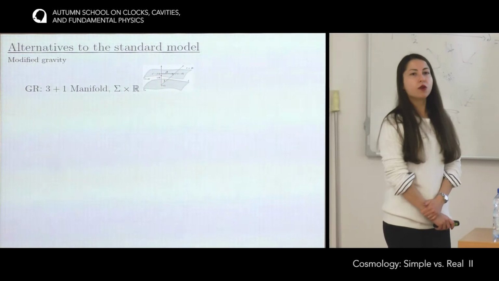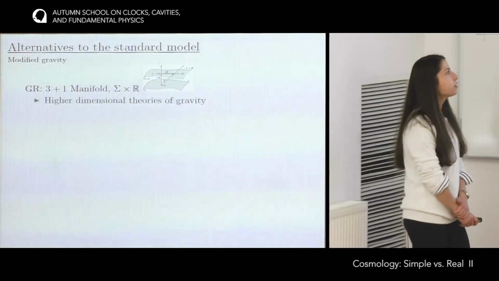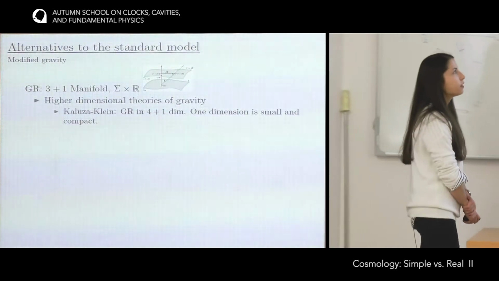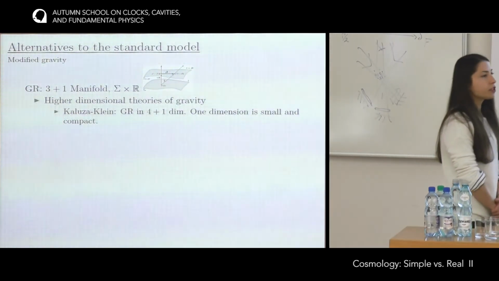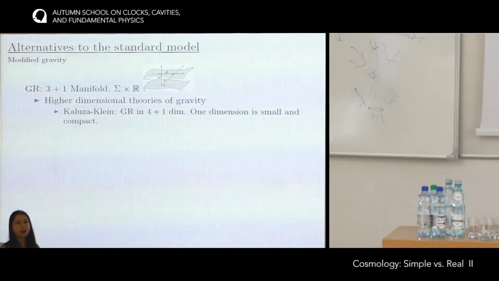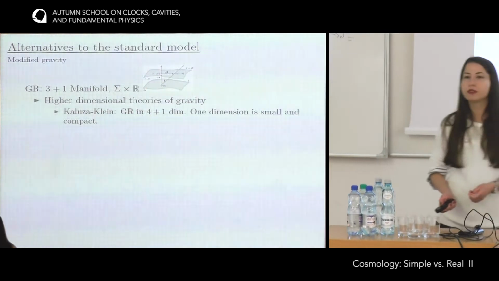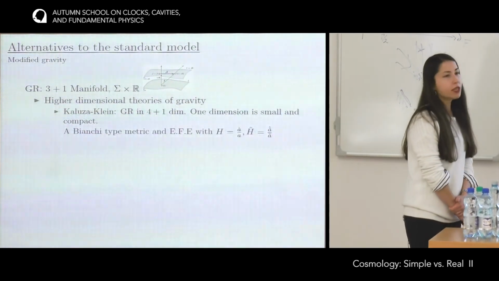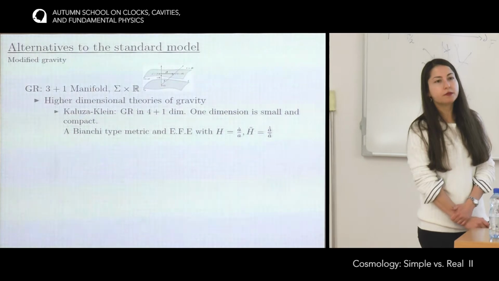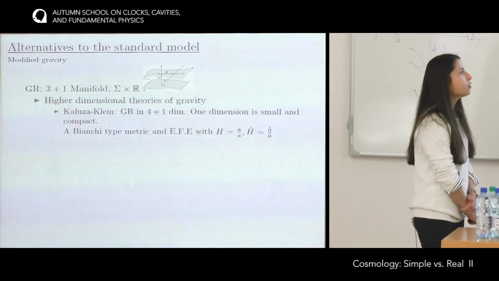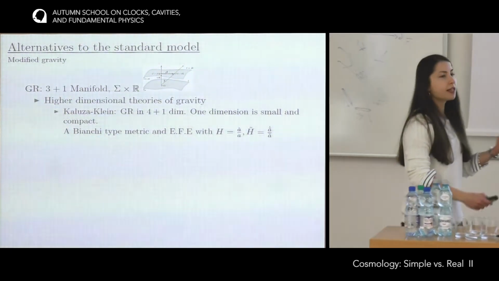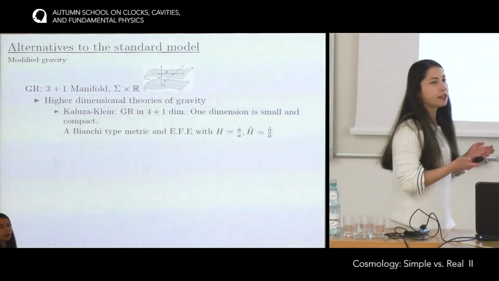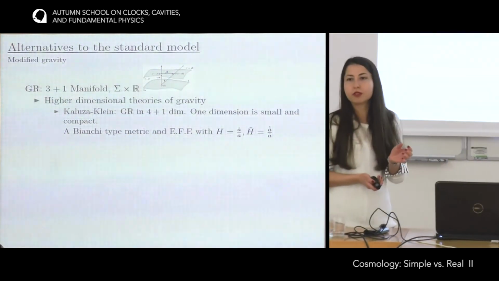And if you want to go to higher dimensions, like in Kaluza-Klein gravity, you can apply GR to 4+1 dimensions, with this one extra dimension being very small. Then you assume a Bianchi type metric with Einstein field equations. That is, you have a scale factor for the standard physical universe. And then remember, there's this small extra dimension.